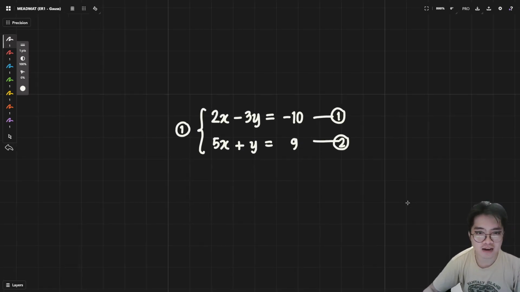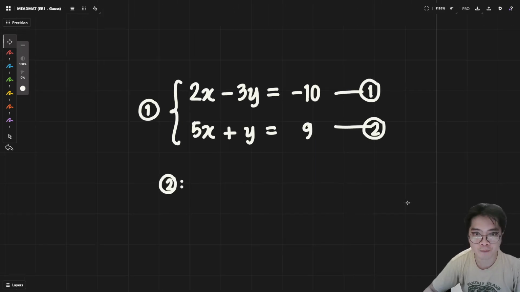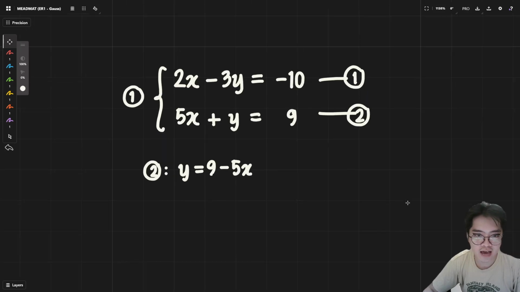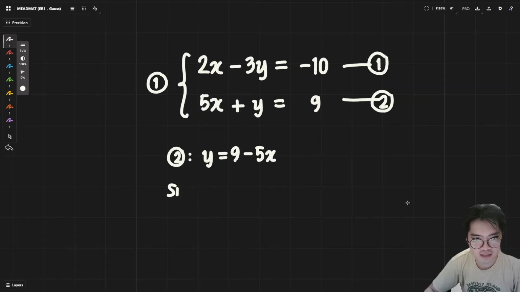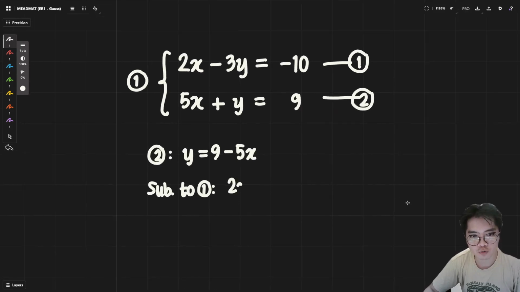If I'm not asking you to do this based on linear algebra rules, what you might do is, say, for example, equation 2, you might move your 5x to the other side. You will now have y is equal to 9 minus 5x. And you might substitute to equation 1. We will now have 2x minus 3 times 9 minus 5x is equal to negative 10.